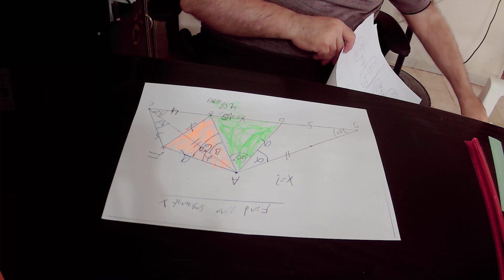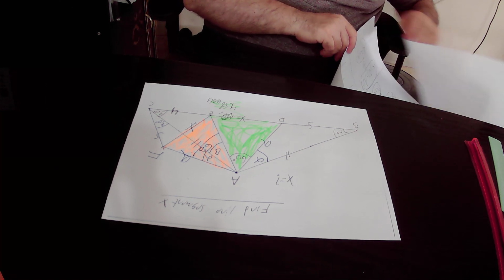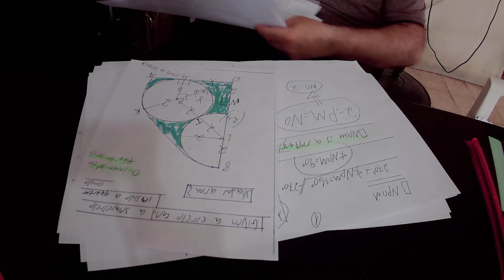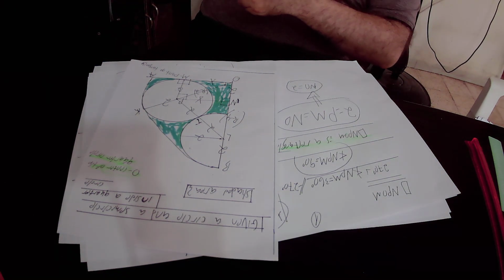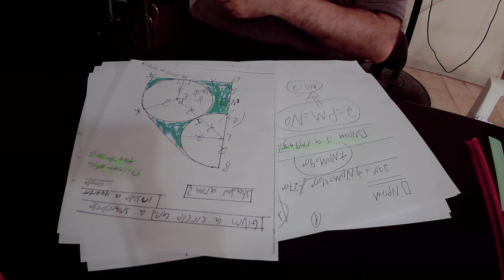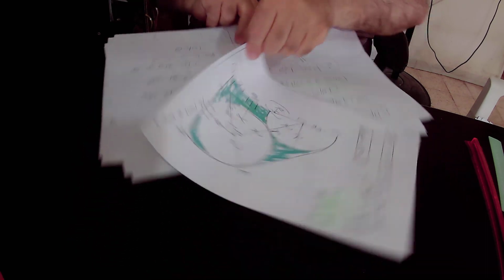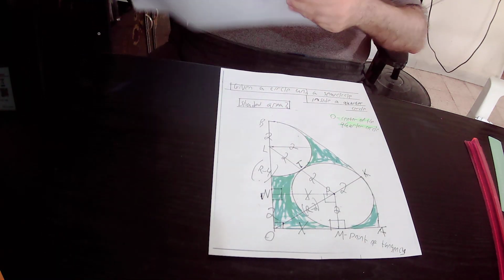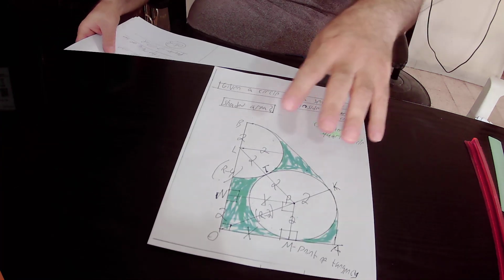Then I presented to you the second question. In the second question, in the drawing we have a quarter circle.